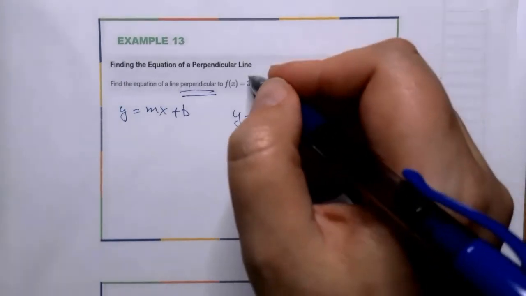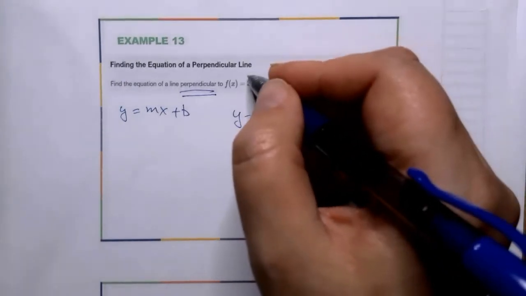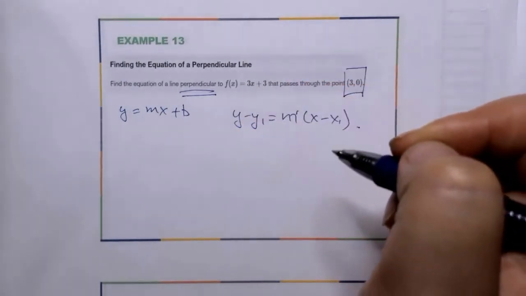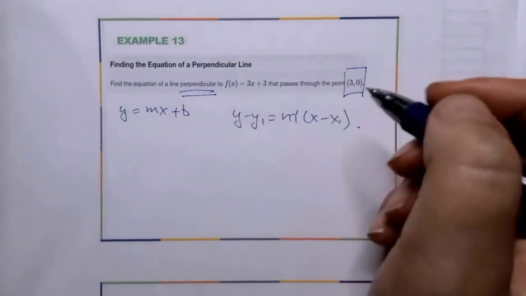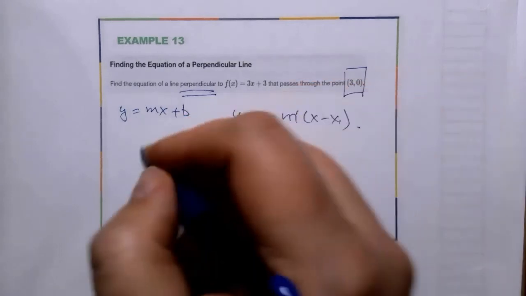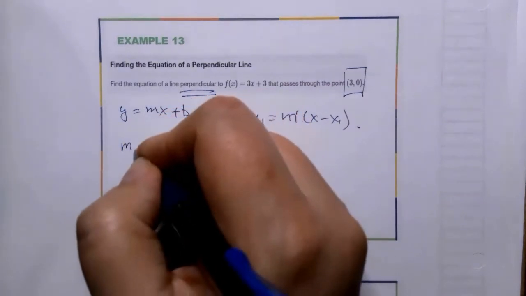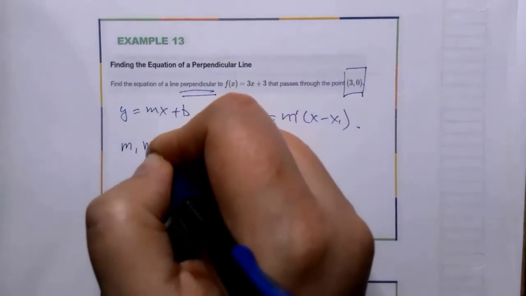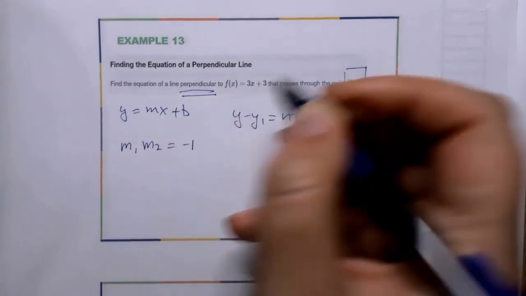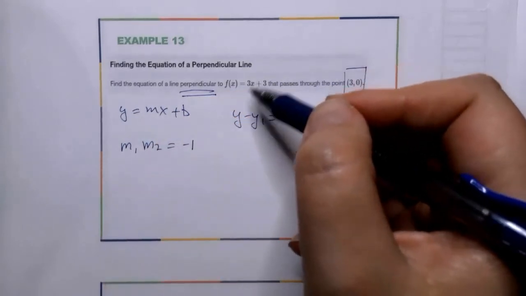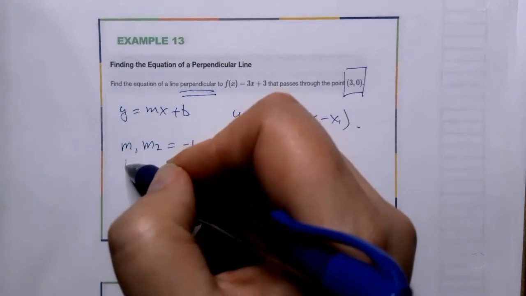So this is my M1 of the perpendicular line. So I need to find the slope of my line, since I'm going to have M1 times M2 equals -1. So this is what I need.